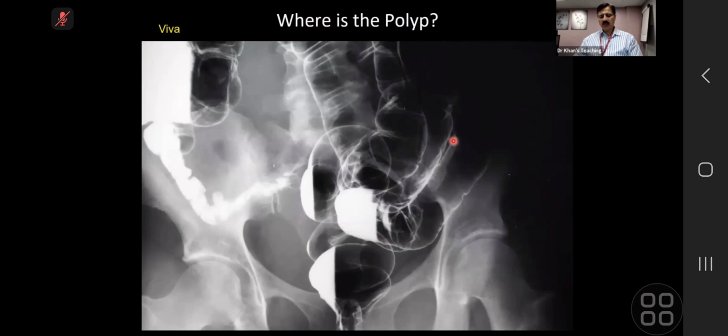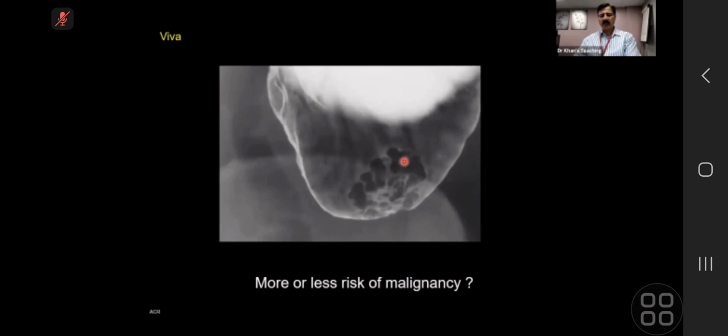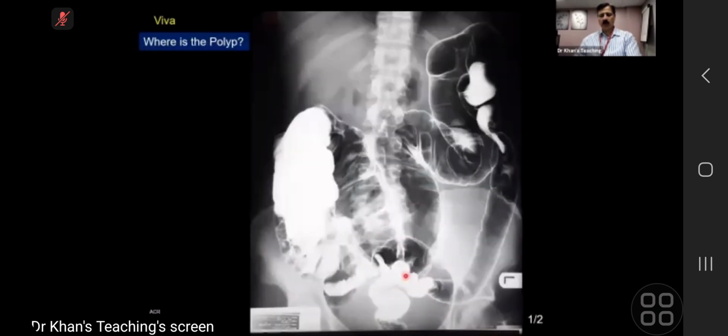If you see here, this is again a tubular polyp which is etched in barium, and this is how it looks. And this, on the other hand, is an example of a sessile polyp, and we know that the risk of malignancy is more in a sessile polyp.